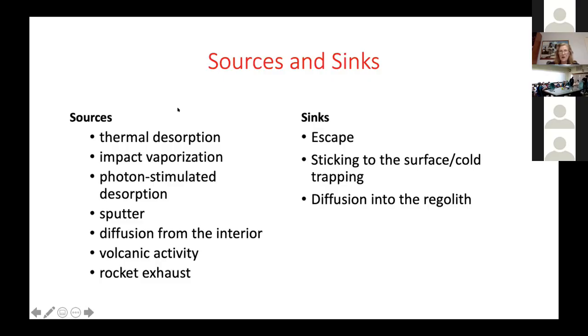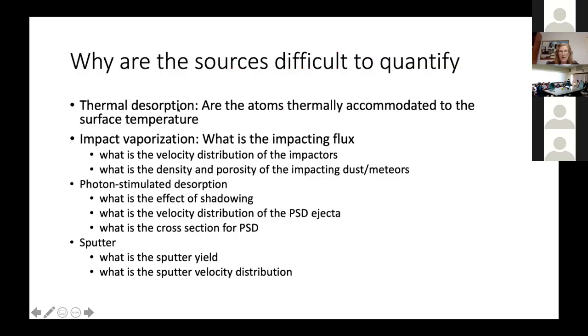So the sinks are either escape, if the atom has velocity greater than escape velocity, or it can re-impact the surface and it can either bounce or stick. Ultimately, it might find its way to a cold trap, or it might diffuse into the regolith.